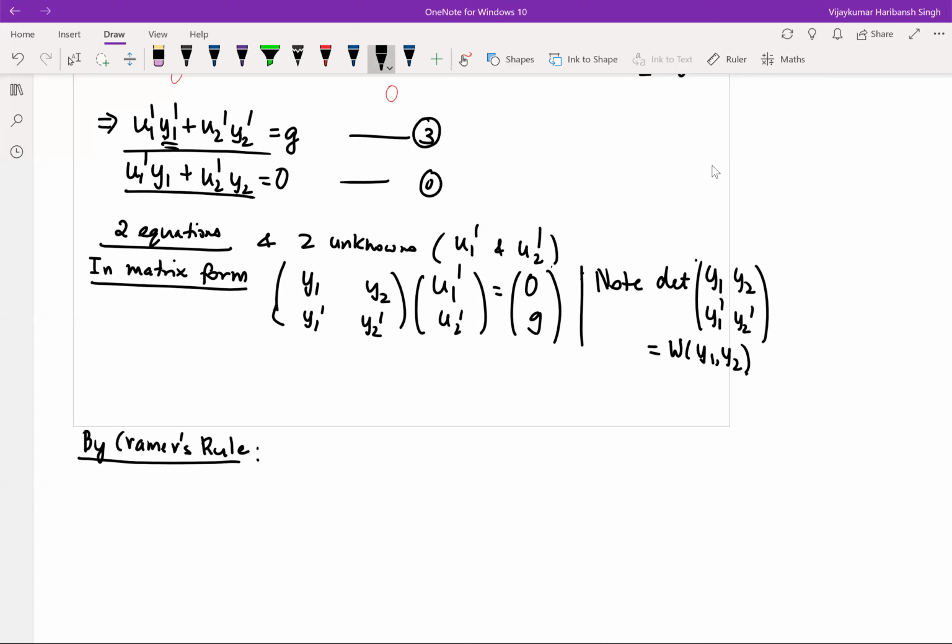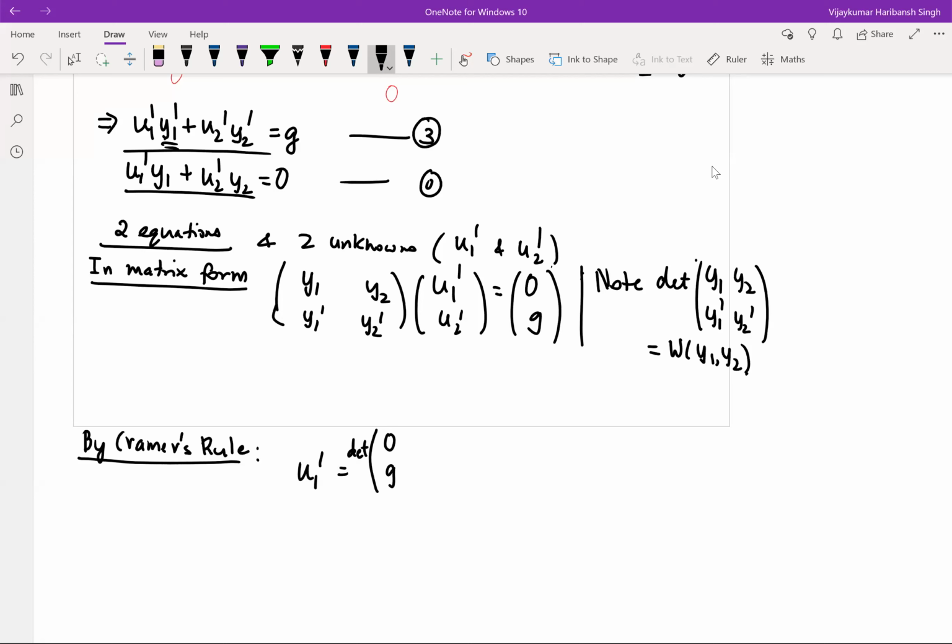By Cramer's rule, you will get u1 prime equal to, so how do you find the solution? You look at the determinant of this, then you replace the first column.